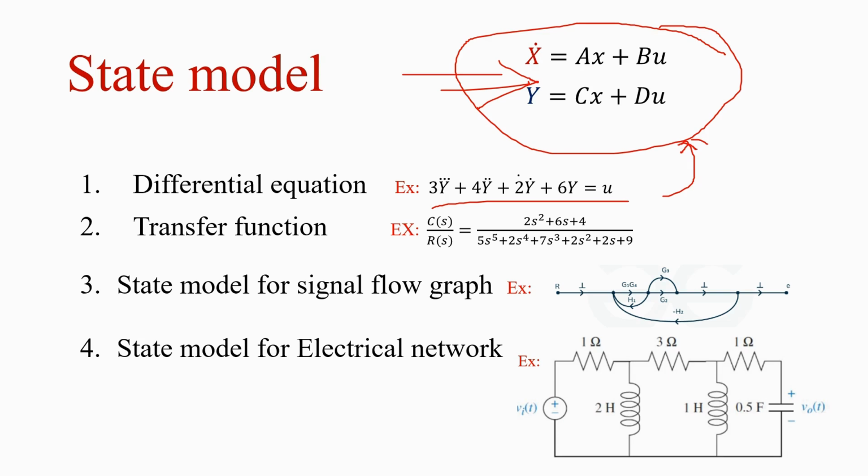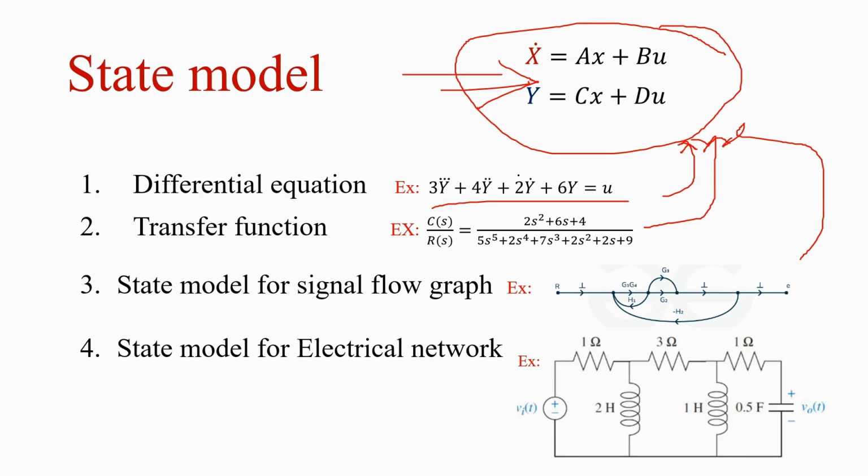Another one is given as a transfer function, C of s divided by R of s, output divided by input, and we have to find the state model equations. Then there is the signal flow graph: sometimes they give a signal flow graph and we have to find the state model equation.